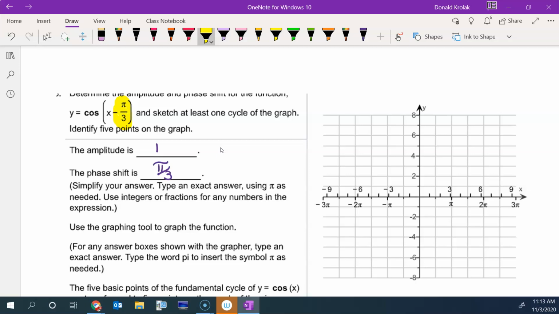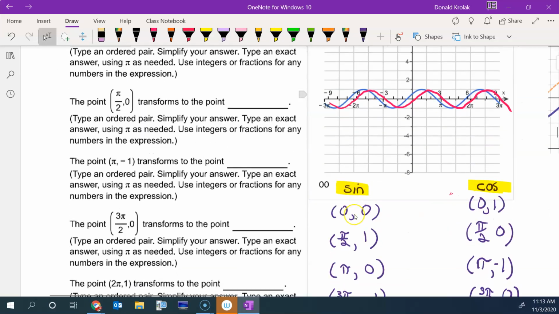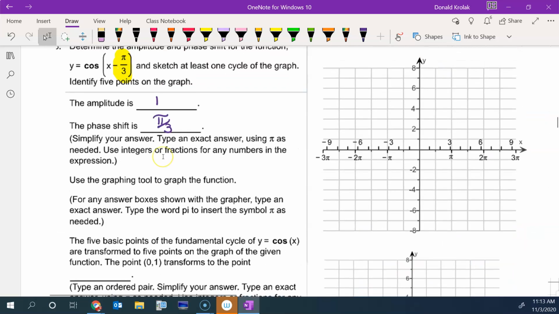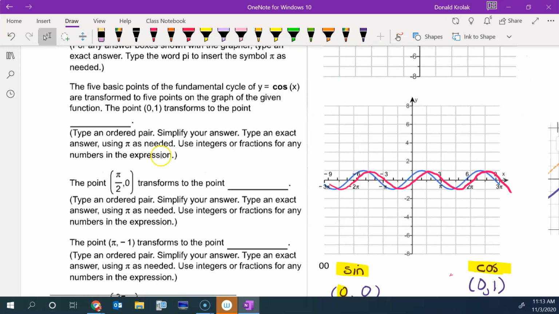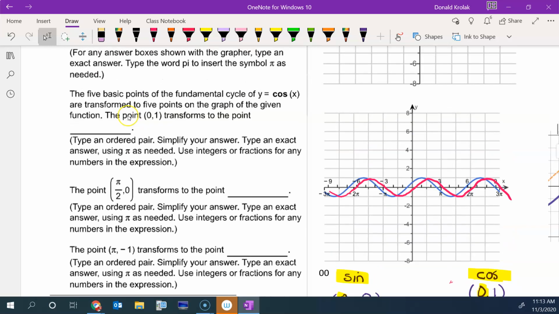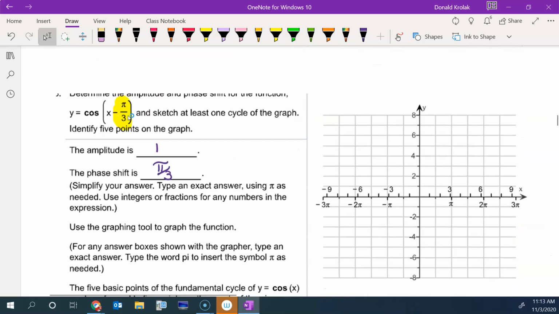And you're either going to add or subtract that number from each one of these x coordinates, depending on what graph you have. So mine's a cosine graph. So I'm going to be dealing with these guys. And each one of those, I'm going to add pi over 3 to it. That's my phase shift.